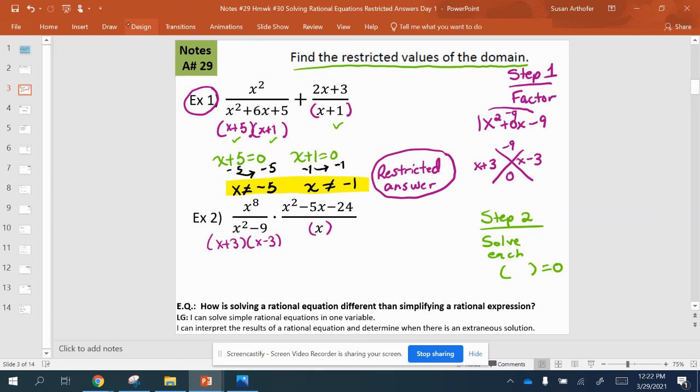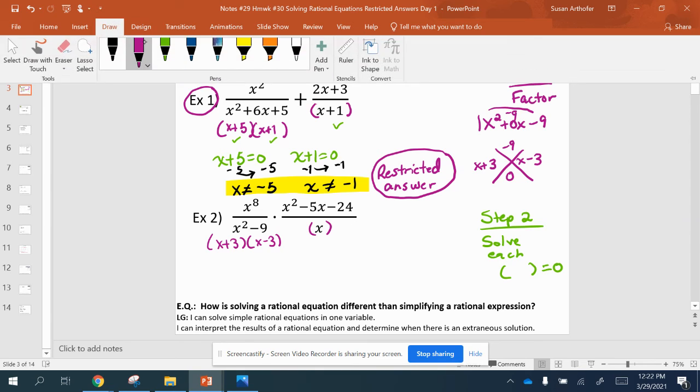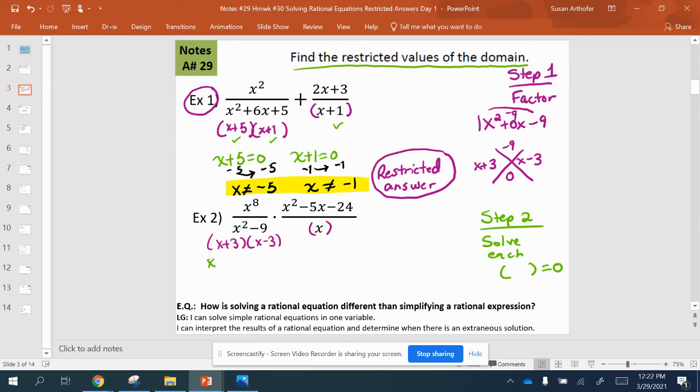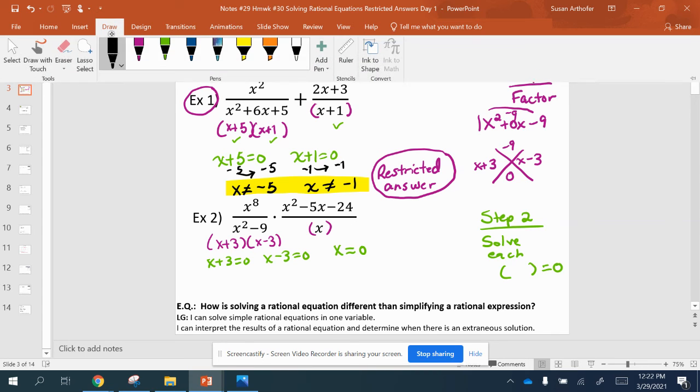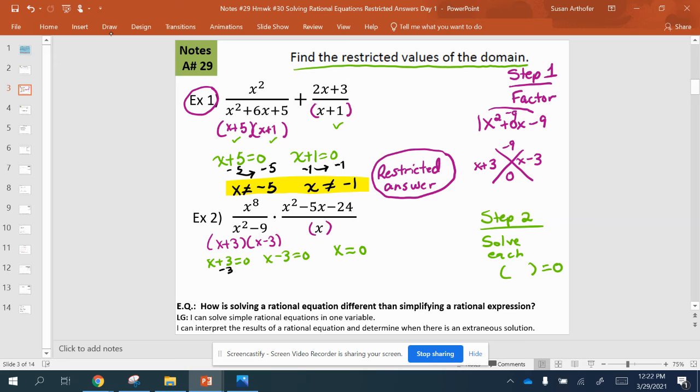Then we set each one equal to 0 and solve. So x plus 3 equals 0, x minus 3 equals 0, and we have to do the other parenthesis, x equals 0. We just set each one equal to 0 and solve. We subtract 3 on both sides here, so x cannot be equal to -3.